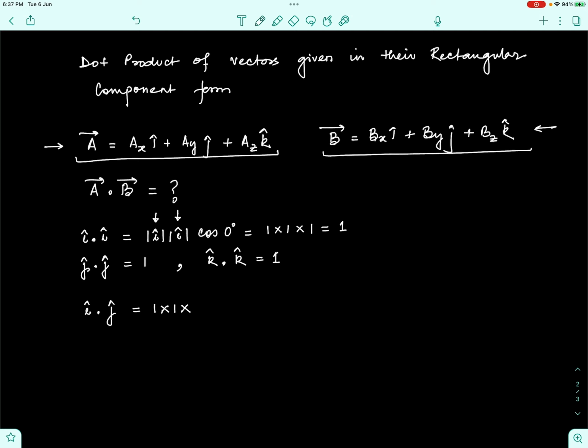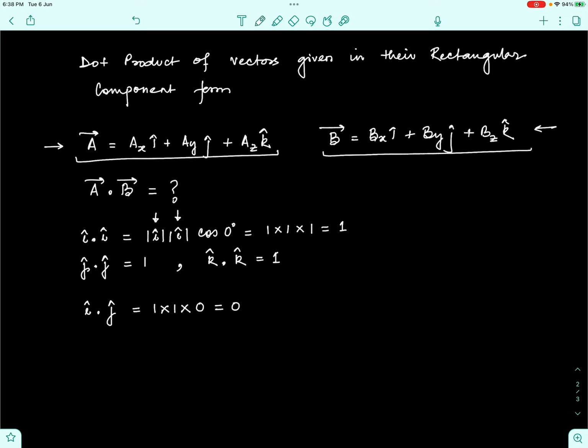Now, i cap is a unit vector pointing along the x axis, whereas j cap is a unit vector pointing along the y axis. Since the x and y axes are perpendicular to each other, i cap and j cap are also perpendicular. So, the angle between them is 90 and cos 90 is 0. So, i cap dot j cap will be 0.